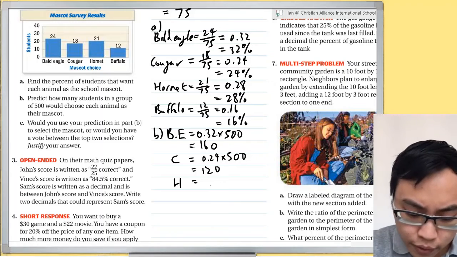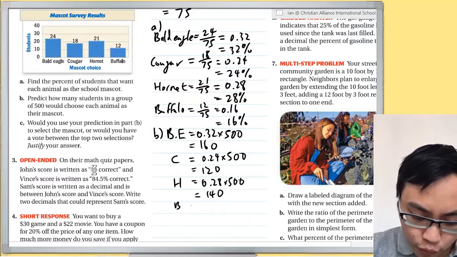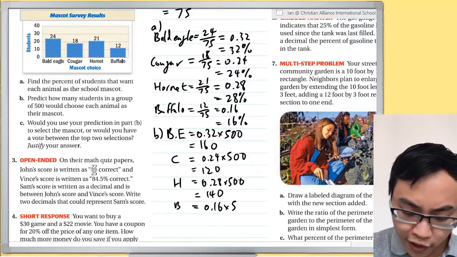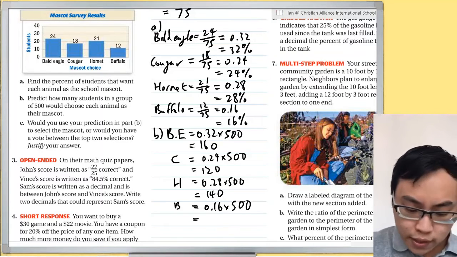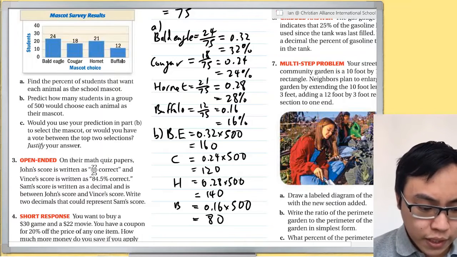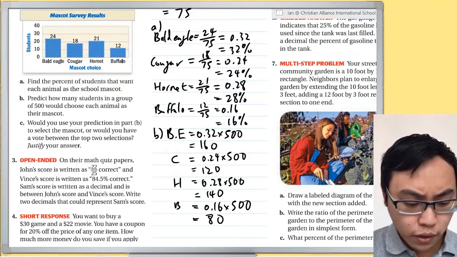Let me write that down, 0.28 times 500, which is 140 students. And then lastly, for Buffalo, that's going to be 0.16 times 500, that's 80 students.